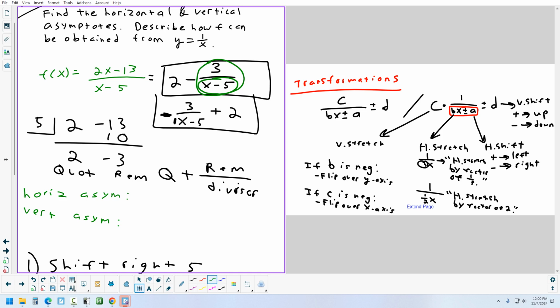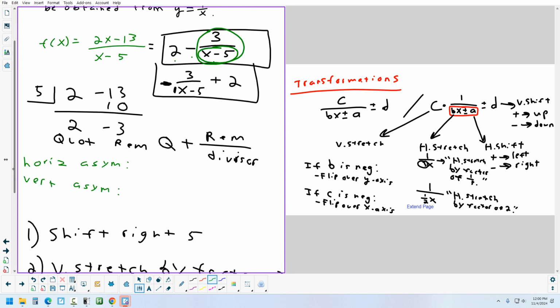It's going to get bigger. What's 3 divided by something that's getting bigger? Very small, getting close to what? 0. And what's 2 take away basically 0? 2. So that's your horizontal asymptote.